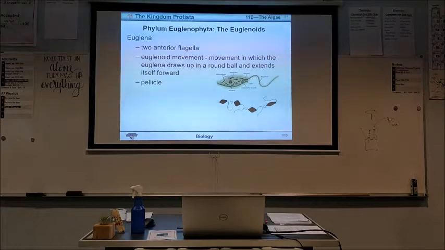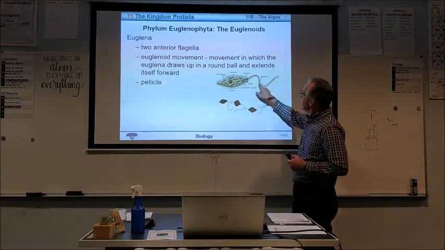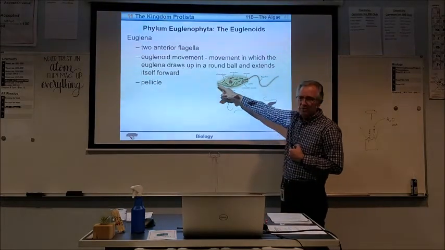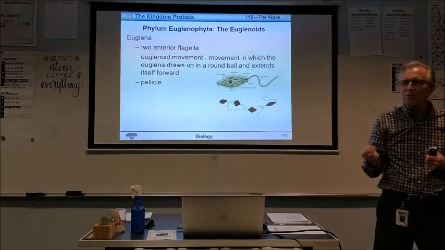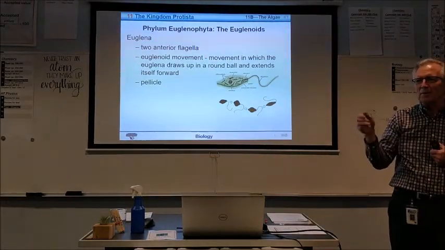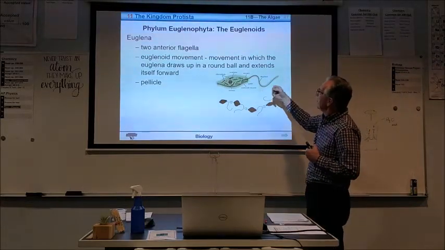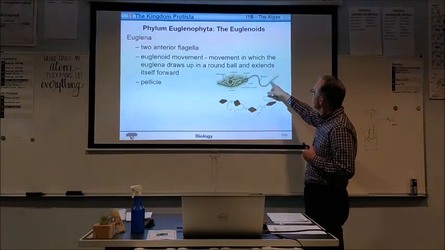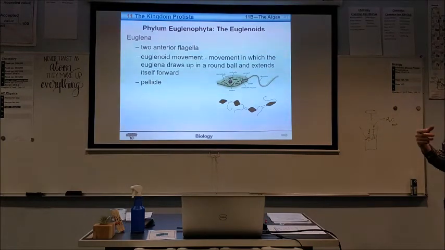And when you look at this drawing of it, this is the head end of the Euglena, and this is the tail end. You maybe think that the flagella should be at the tail end, but it's not. This one has the flagella at the head end, the anterior end. It has two of these. It only shows one in this particular picture, but it has two flagella.